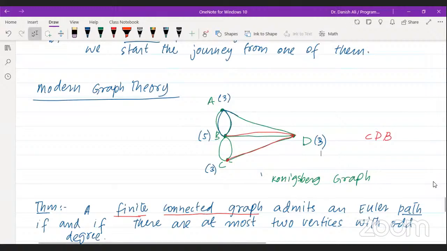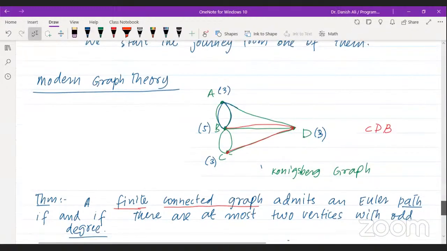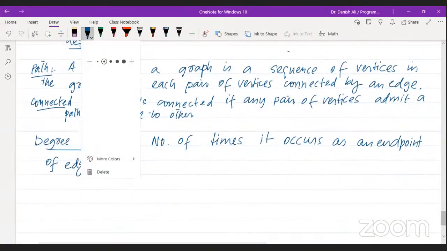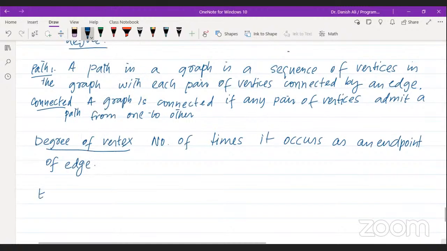So the last definition is Euler path. So Euler path is the path in which every edge occurs once at a time, not more than once.